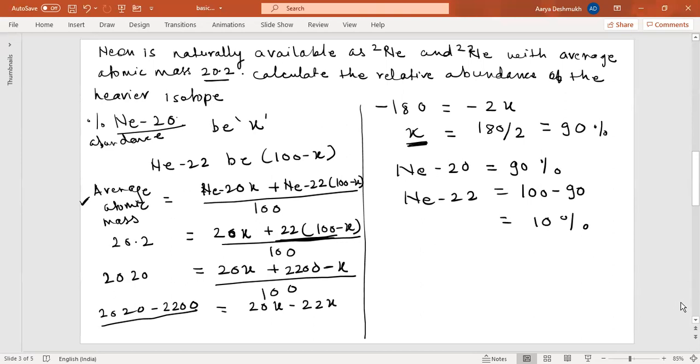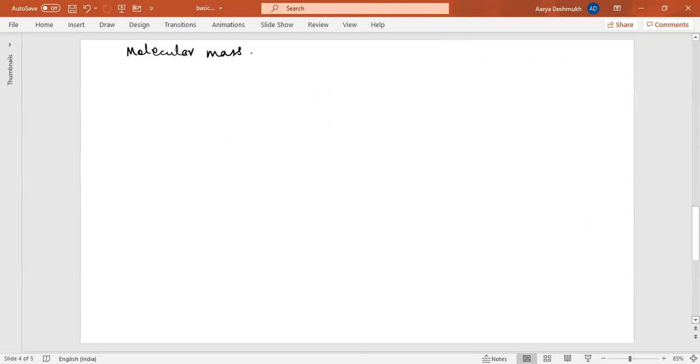Now we'll proceed to the next concept, that is the molecular mass. Now what is this molecular mass or the molar mass?